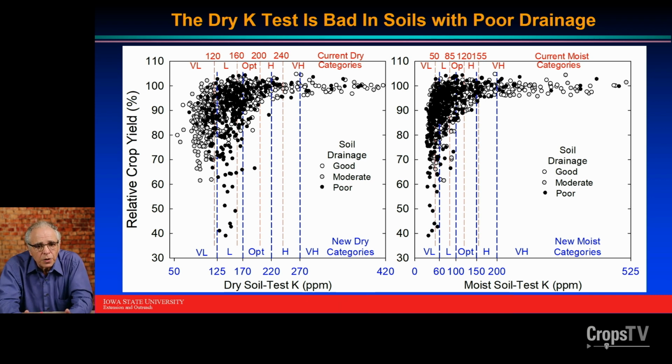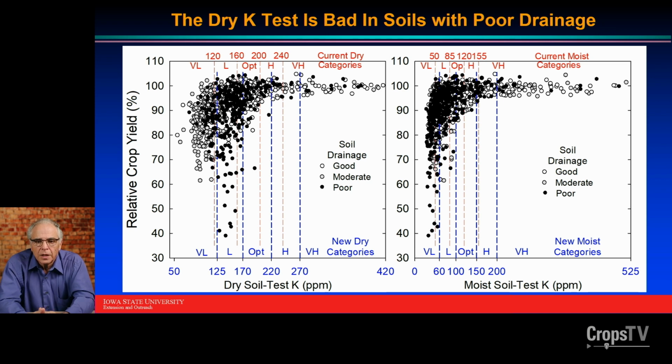But if you are in between, for example in the very low and even part of the optimum, you have about the same test results, and you can get 100 bushels or nothing, 0.